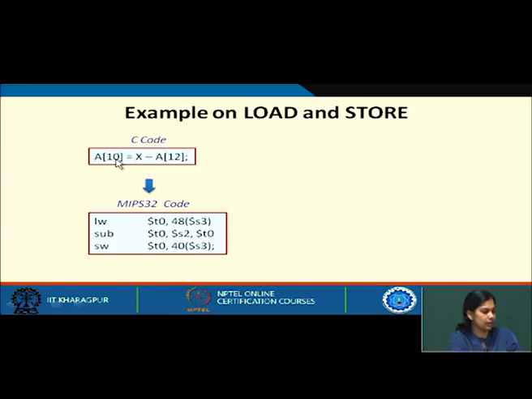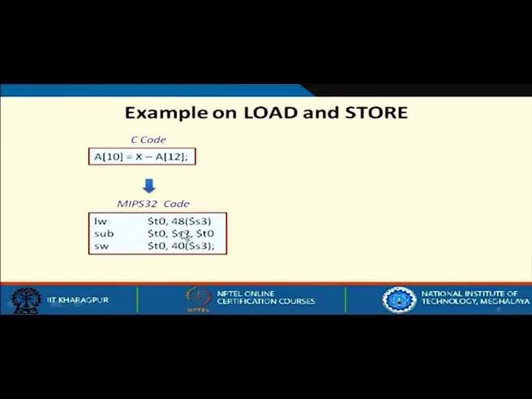Firstly, this is the 12th address. Each instruction is 32-bit, so each word is stored as 32 bits. So, the 12th word will be 4 multiplied by 12, that is 48.